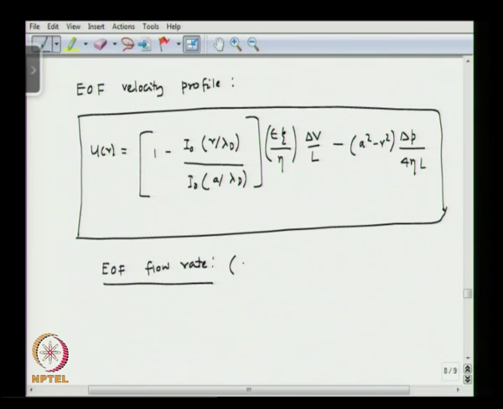So, that we will be doing in the limit of lambda d less than a.